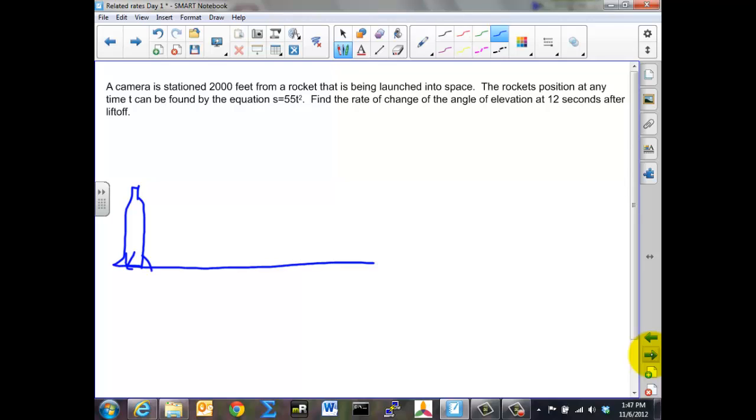All right. And our camera is 2,000 feet away. So here's our camera over here, okay? Does that look like a camera maybe? Not really, does it? And this distance is 2,000 feet.